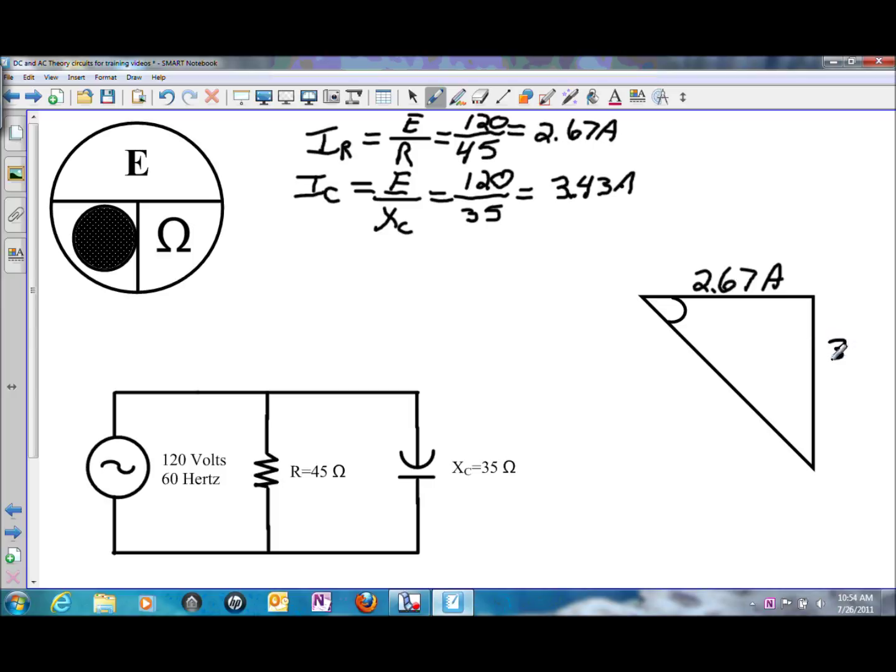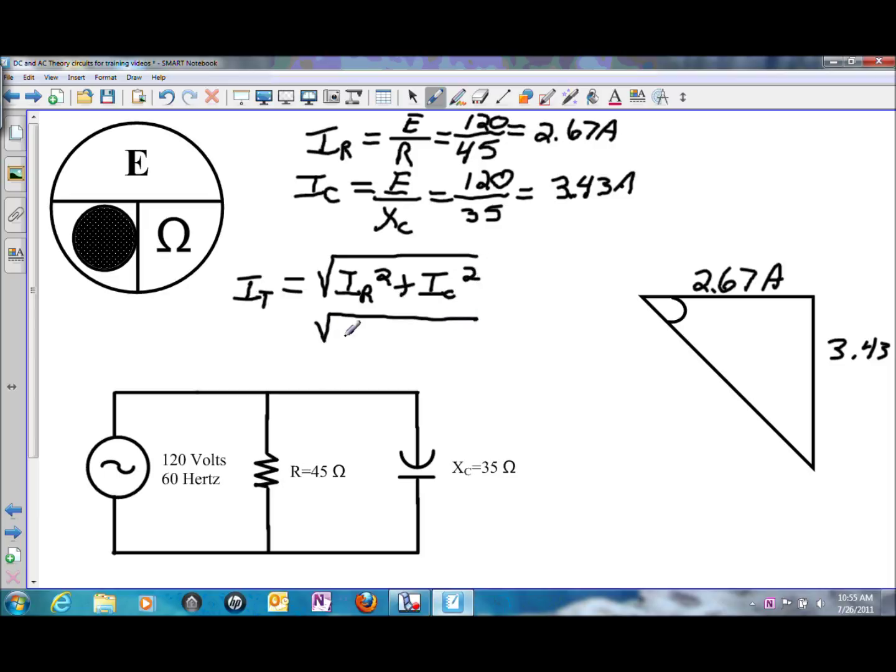Now that we have two sides of the triangle, we have the adjacent and the opposite, or the resistive and the reactive side. To calculate the total current, we can use Pythagorean theorem, which would be the square root of IR squared plus IC squared.